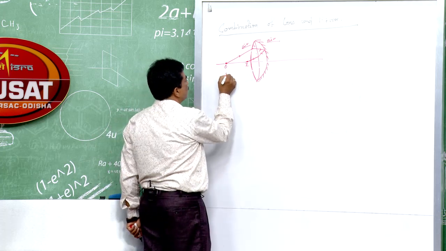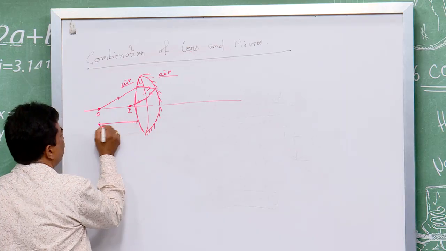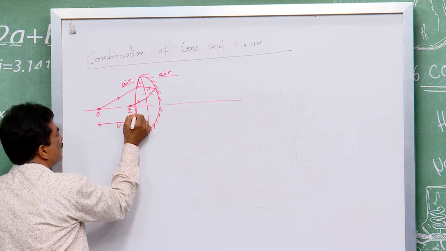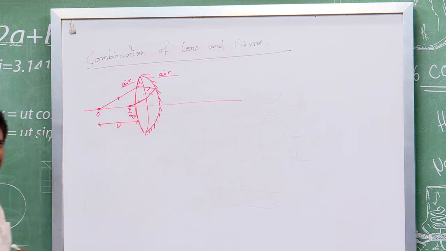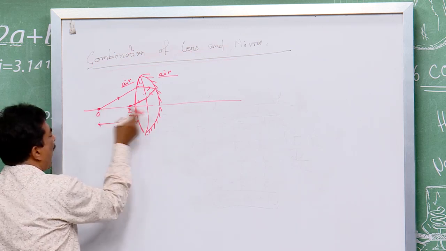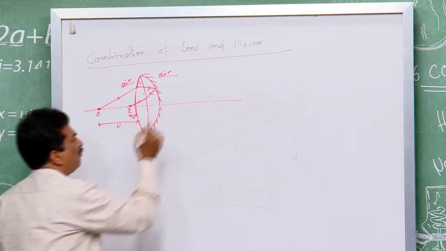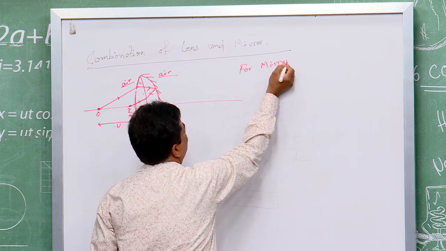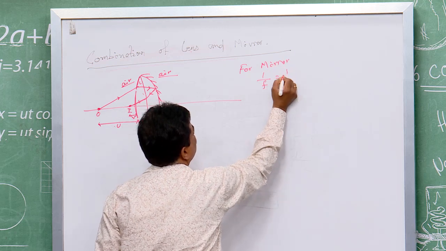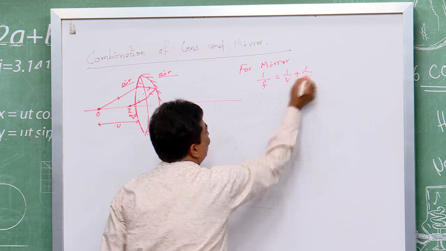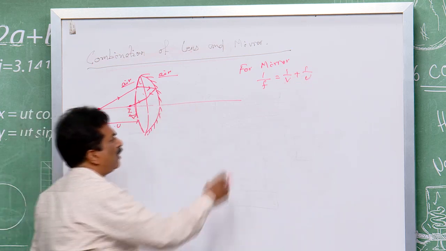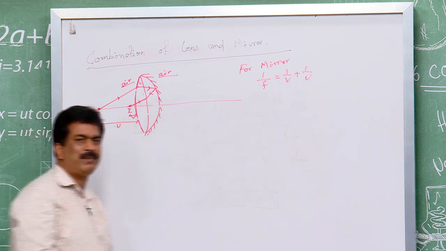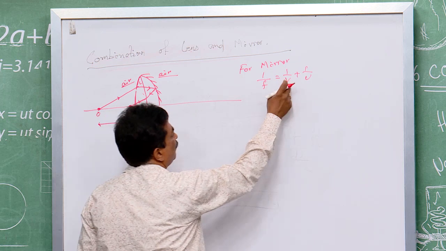If this is the object, this is the surface, the object distance is u, this is the image, and the image distance is v. For the mirror, we know that 1/f = 1/v + 1/u. But for the lens, we know that 1/f = 1/v - 1/u. So, this is 1/f, v and u.